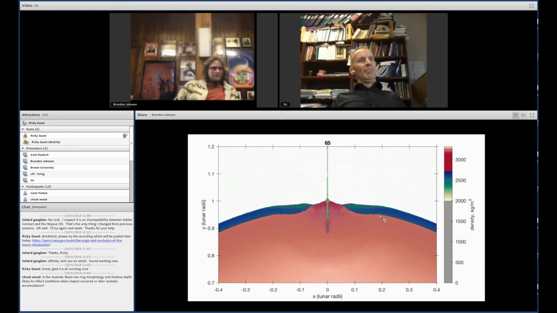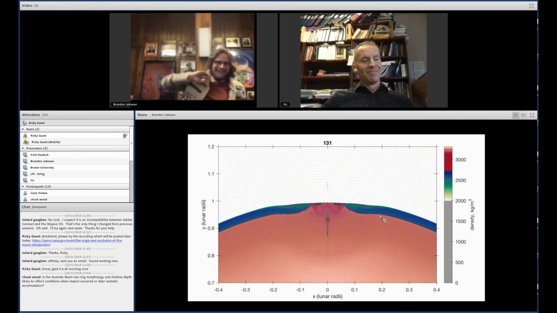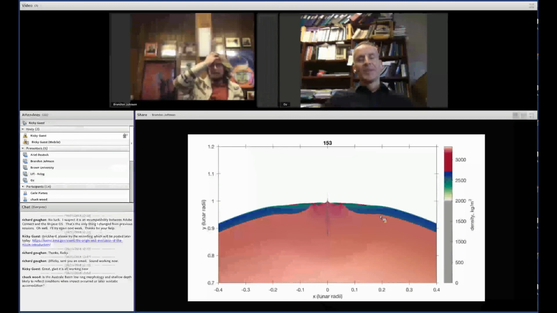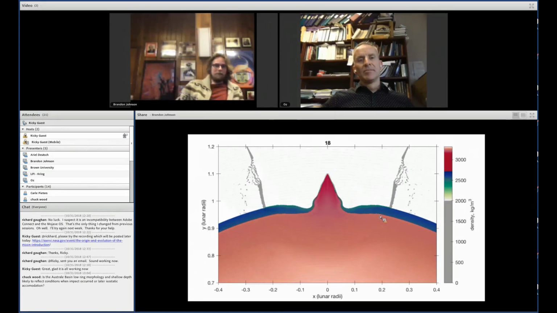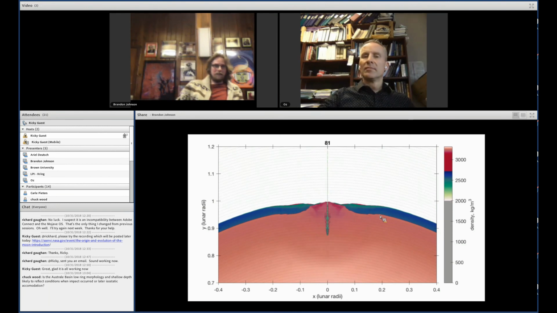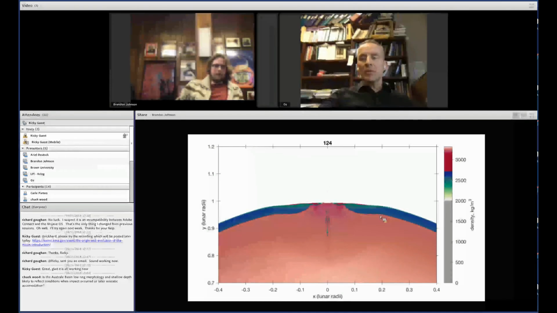Go ahead, Brandon. Okay, so for the moon specifically, you might expect to see some difference in cratering. Essentially, you get sweep up of more bodies on a leading edge of the body, but I don't think we've seen any real evidence of that in the cratering record.